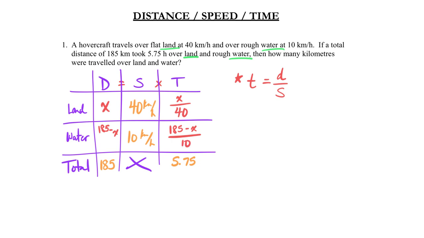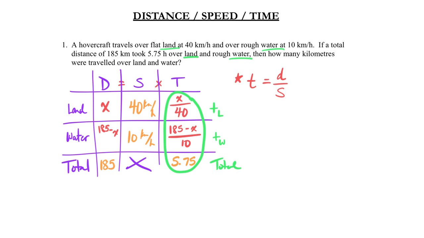Okay, I'm just going to circle something right now. There's the equation that I used to solve the problem. My time on land plus my time over water has to equal my total. And if you look back at your solution that we wrote down the first time, there's the equation that you used to solve.